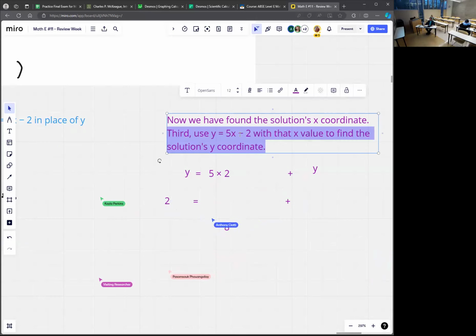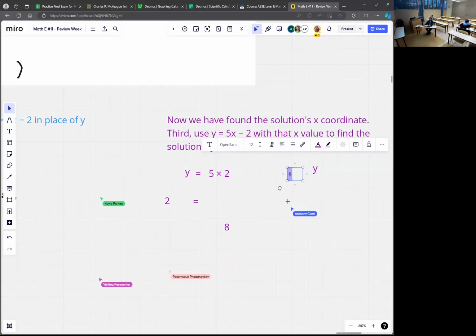I have a minus, no. I was in a rush when I made this. There we go, I have a minus.